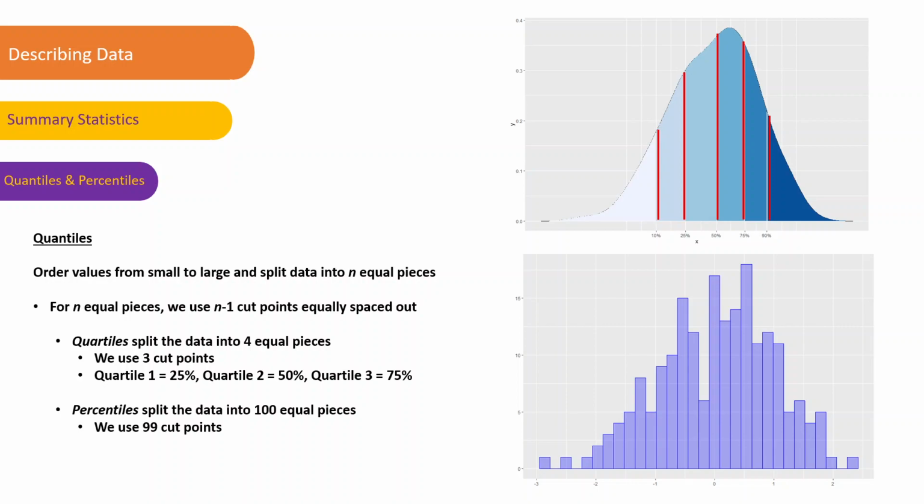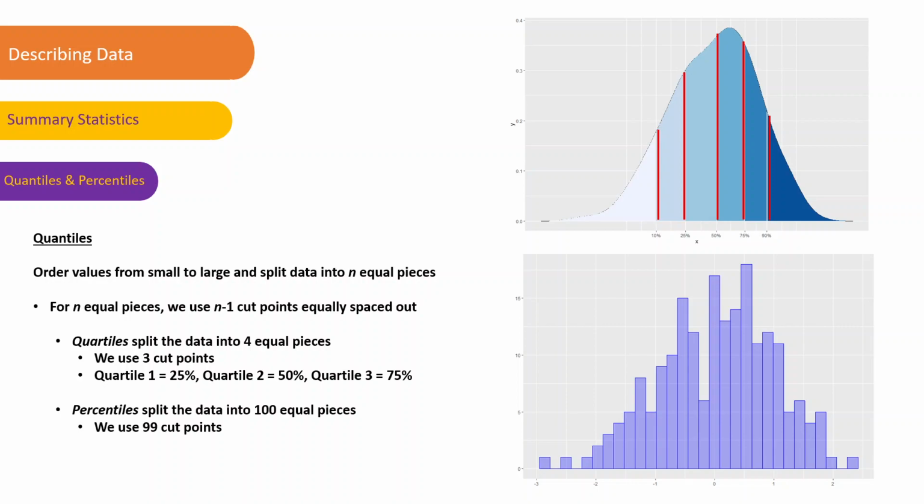But with quartiles, this gives us 4 equal pieces that each contain 25% of the values or the observations in our data set. So the first quartile marks the lower 25%. The second quartile marks the 50th percentile. And the third quartile marks the 75th percentile. And then above Q3, the third quartile, falls the range of scores between the 75th percentile and the 100th percentile.